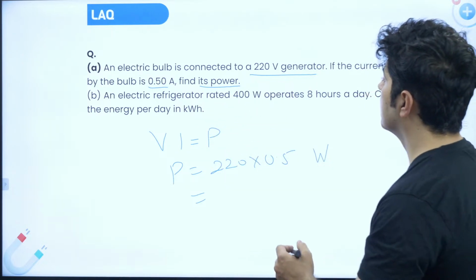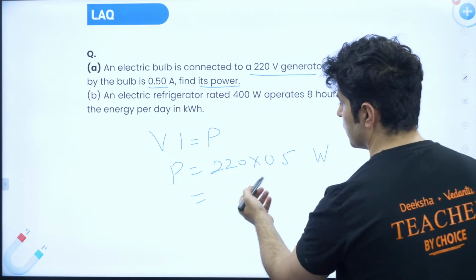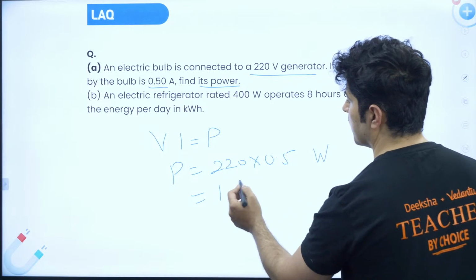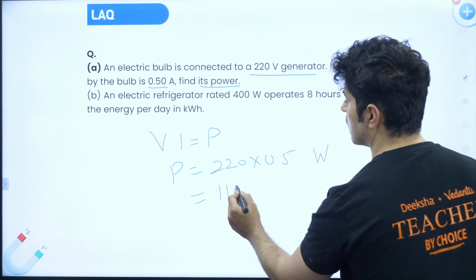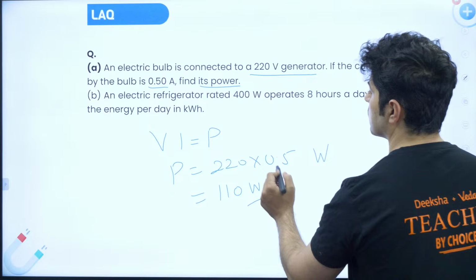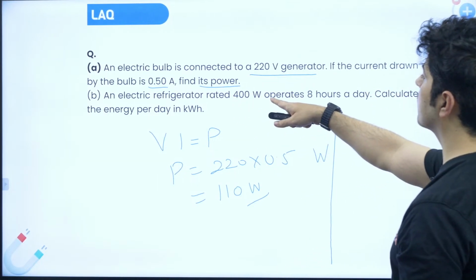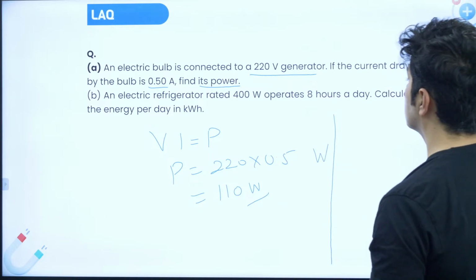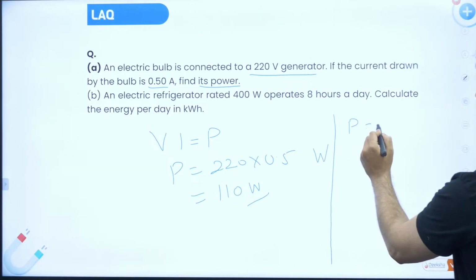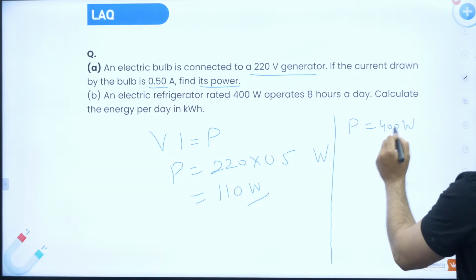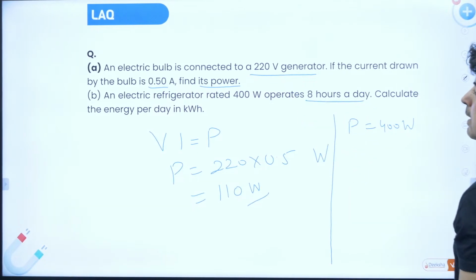Electric refrigerator. So power. First we multiply this. The answer of this is going to be 110 watt. So this is the first answer. Second answer is electric refrigerator rated 400 watt. So power is given to you as 400. 8 hours per day is given to you.